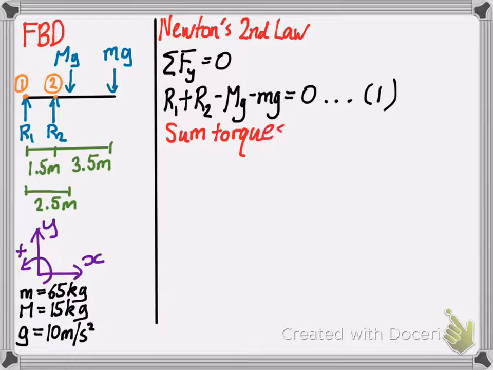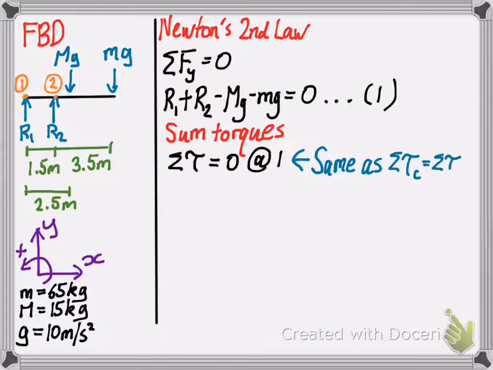Next, we should sum our torques, and this is actually the same as just saying the clockwise torques equal the anti-clockwise torques. And we'll do this around point 1, so right at the left tip of the board.